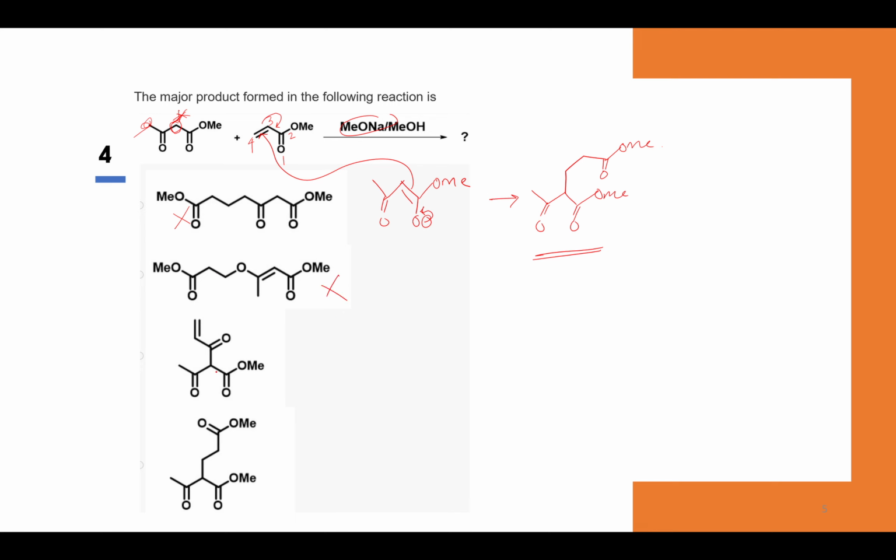This is also incorrect. Now talking about option number 3, instead of 1,4 addition, 1,2 addition is taking place, which is also not possible in this case. So this is a Michael addition reaction. The correct option is option number 4.